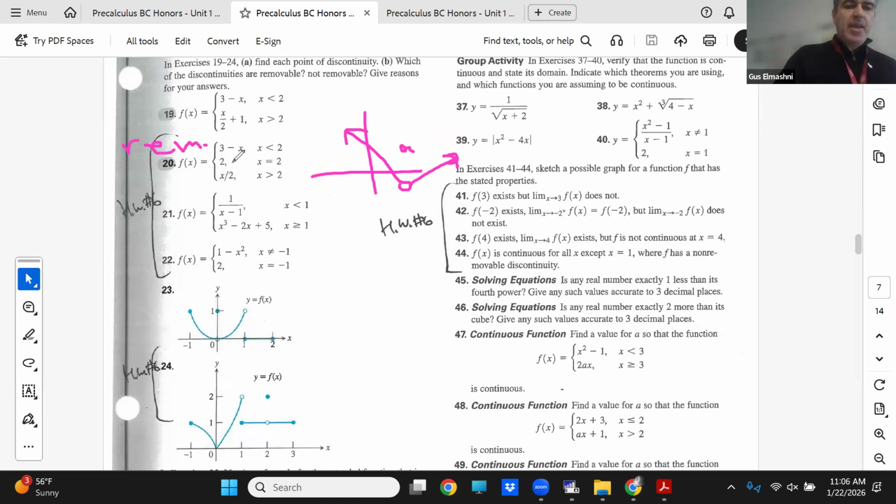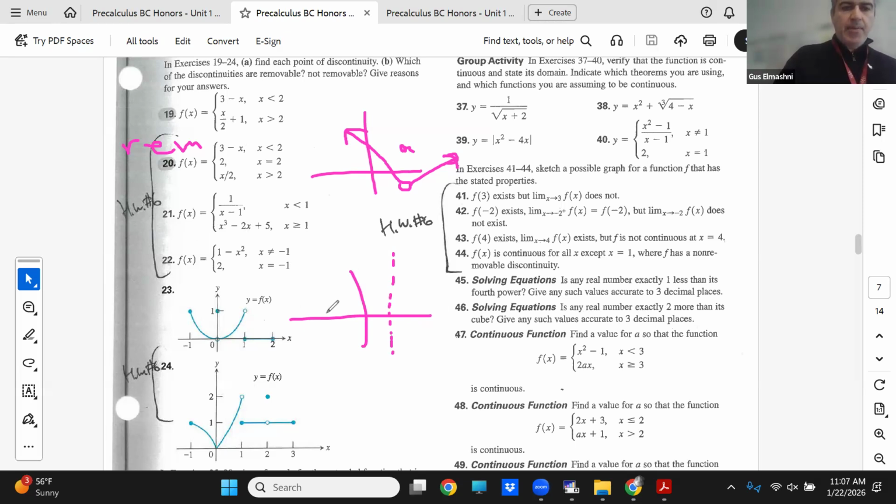But in the case of, say, number 22, that's not. When x does not equal -1, you have a parabola. Actually, no, never mind, that is. 21 is not, but 22 is. Yeah, so you have a vertical asymptote here. 21, sorry. I already did 20. So 20 is, yes, removable.